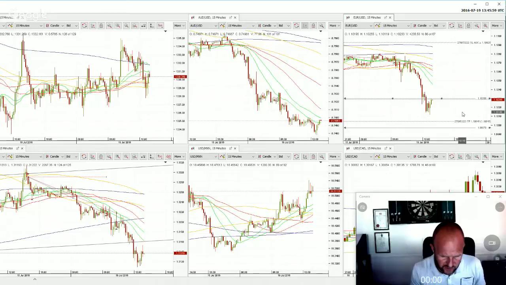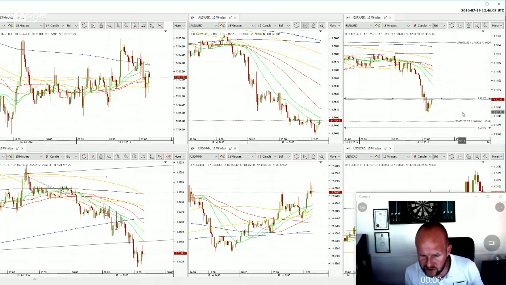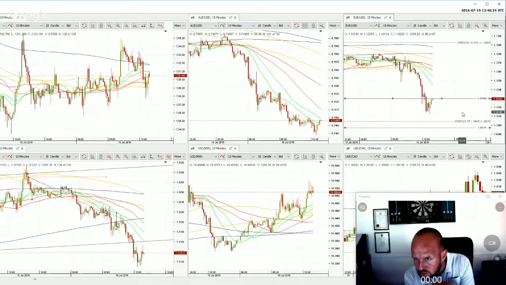Still, option levels: I'm sharing them with you guys, but I'm counting them for myself. They're already counted. At the moment, I'm already on the market. I'm just waiting for the price to close above this 1.1030. Then I will close my euro, and that's it for now.